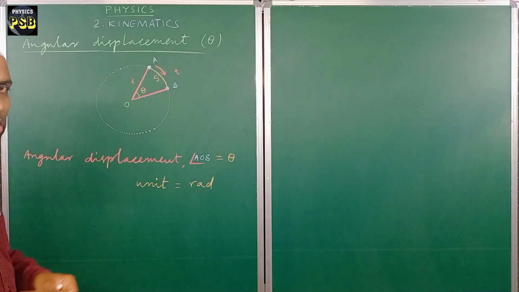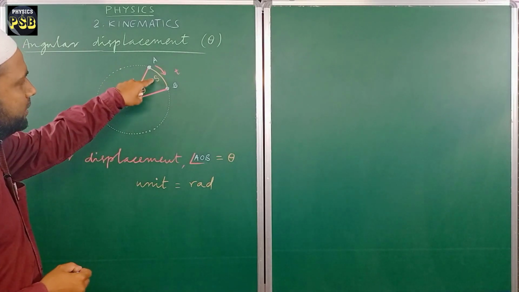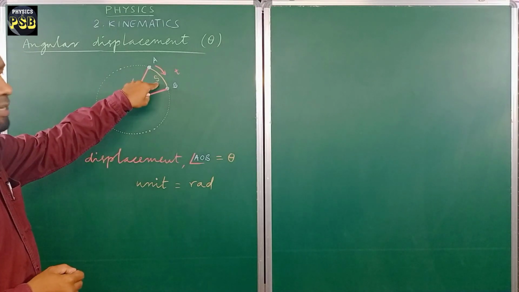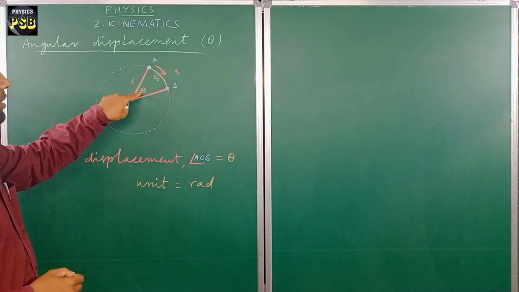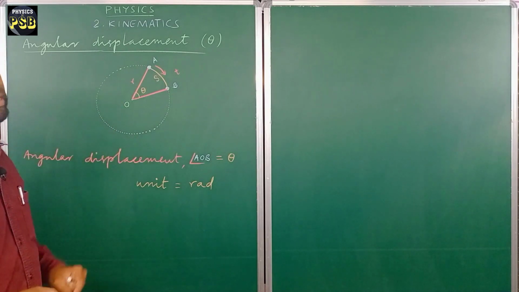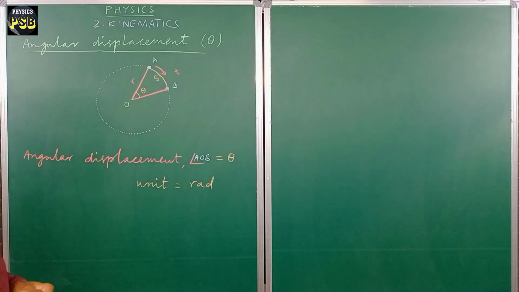Now I'm going to relate, as I told you earlier, this arc length with the angular displacement and radius of the circular path. These three are related.